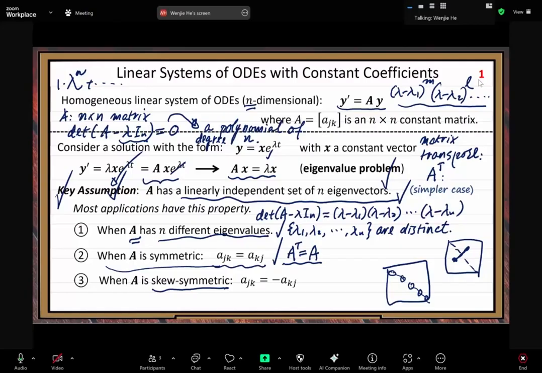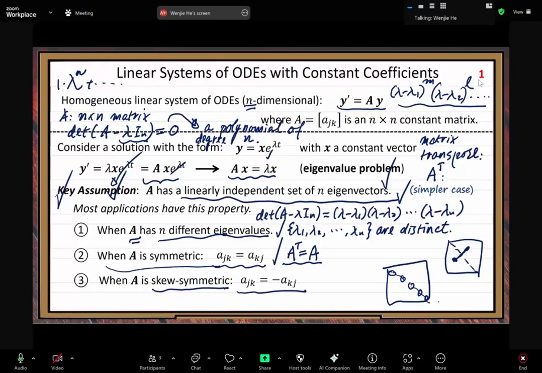Each diagonal entry equals the negative of its own value, so it must be 0. So for skew symmetric, all the diagonal entries must be 0.